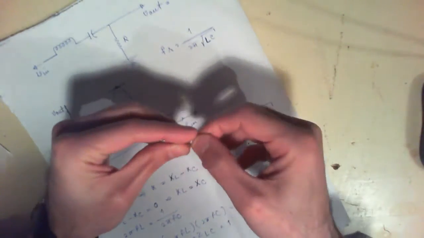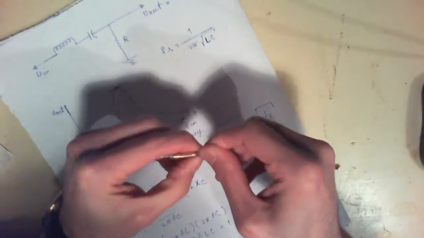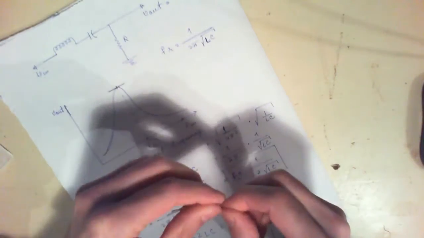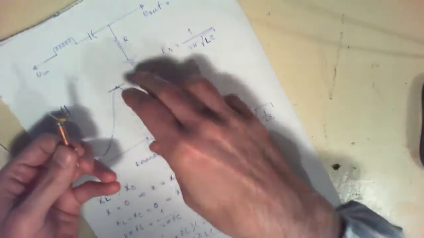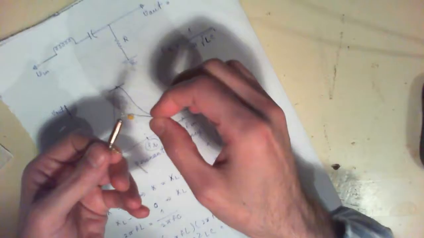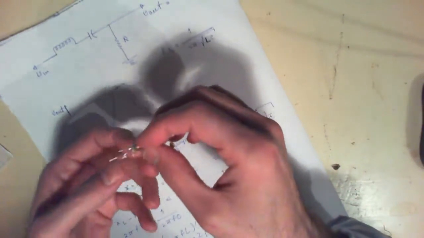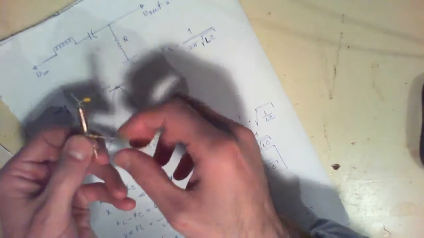So I connect this capacitor over here, and that's basically that. Okay, so now my input becomes this capacitor, and then that goes into this inductor, and this resistor goes to ground.